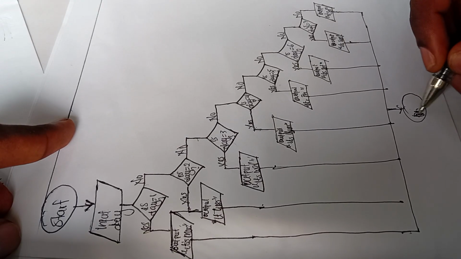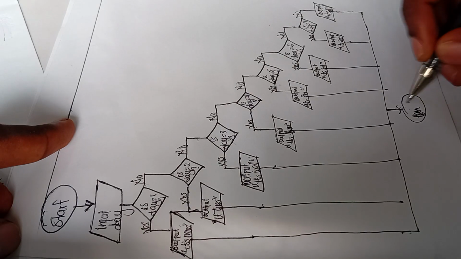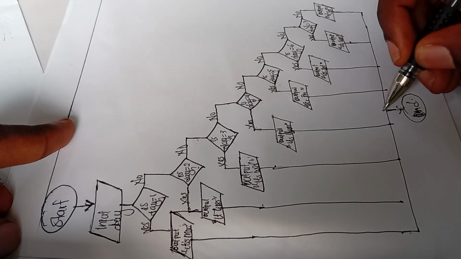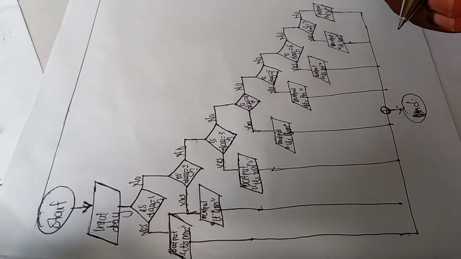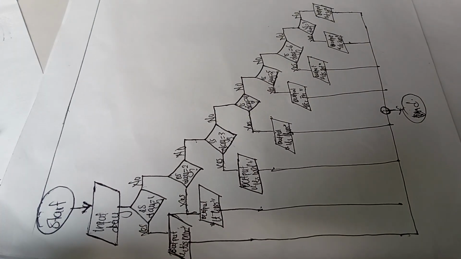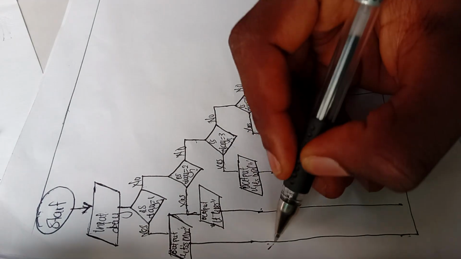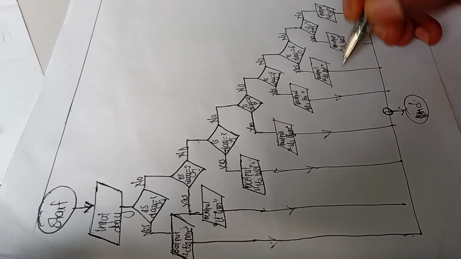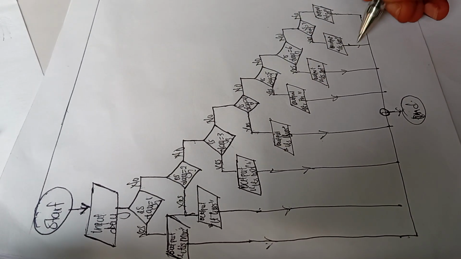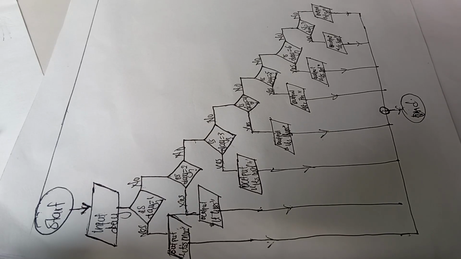Sorry about that. And we want to put a connector here. And yeah, that's the flowchart for this. Don't forget your arrows, flow of data.